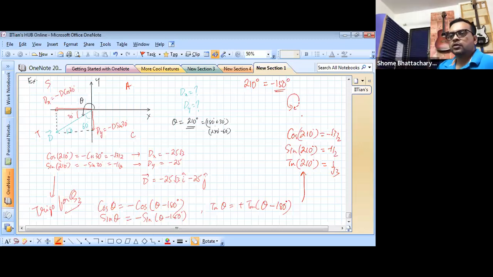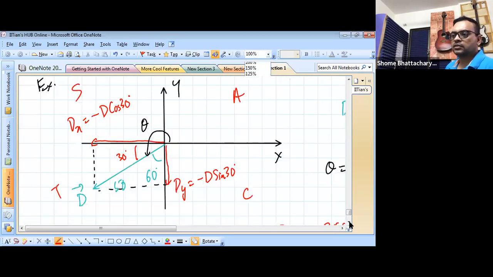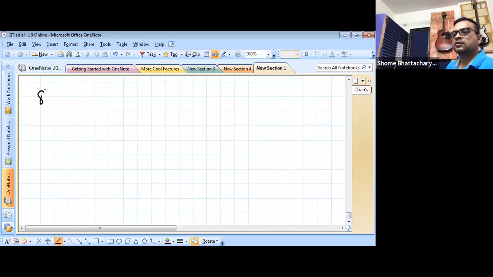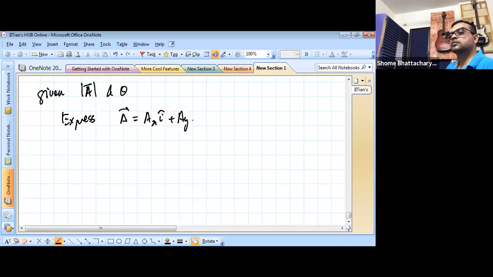Okay, good. So this process where we are writing a vector in terms of its x and y components is called resolving a vector. This is the process when we say that given the magnitude of a vector and theta, we want to express the vector as components, when we want to find out Ax and Ay. So Ax is given by this formula A cos theta, and Ay is given by this formula A sin theta.